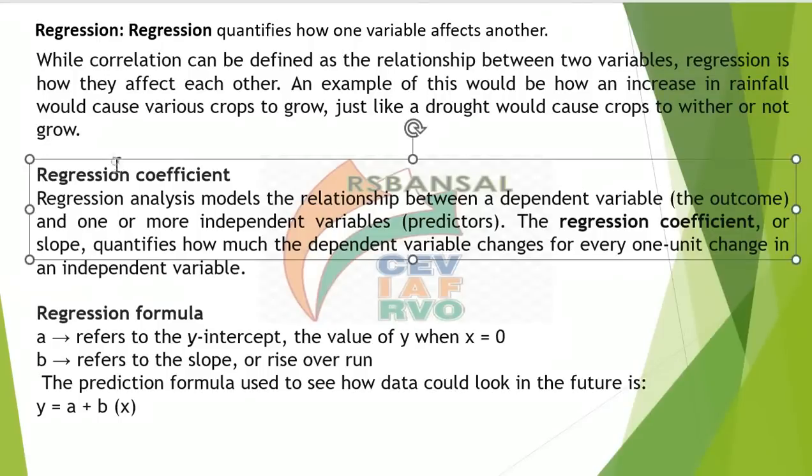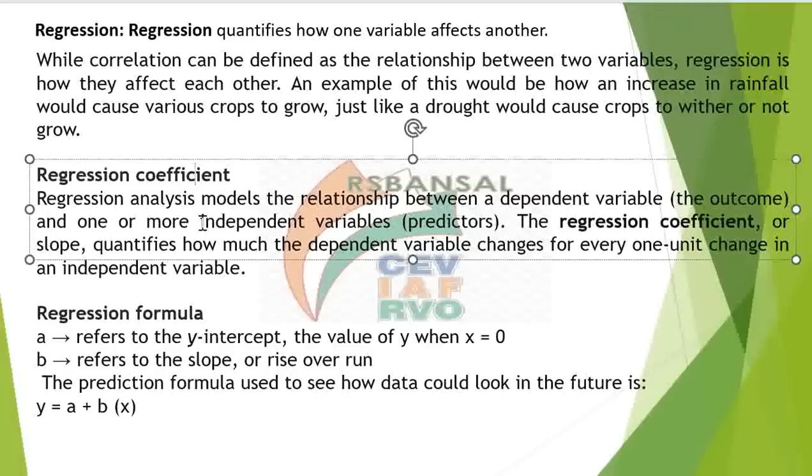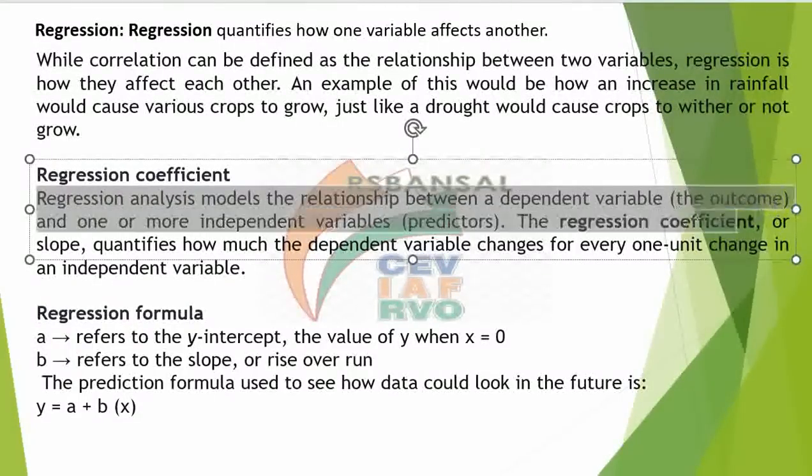The next thing is the regression coefficient. What is the regression coefficient and how is it found out? Regression analysis models the relationship between a dependent variable, that is the outcome, and one or more independent variables, the predictors.